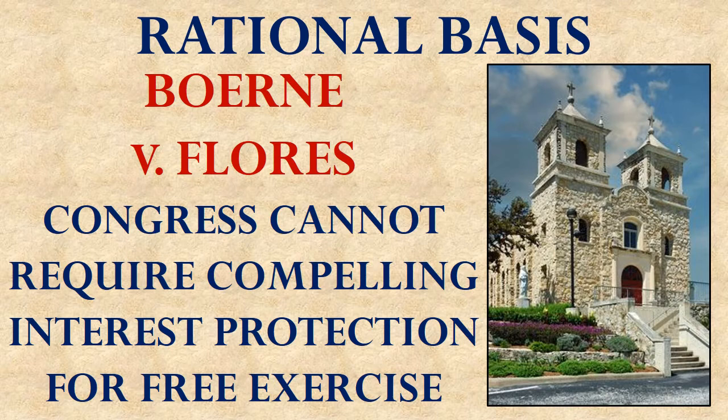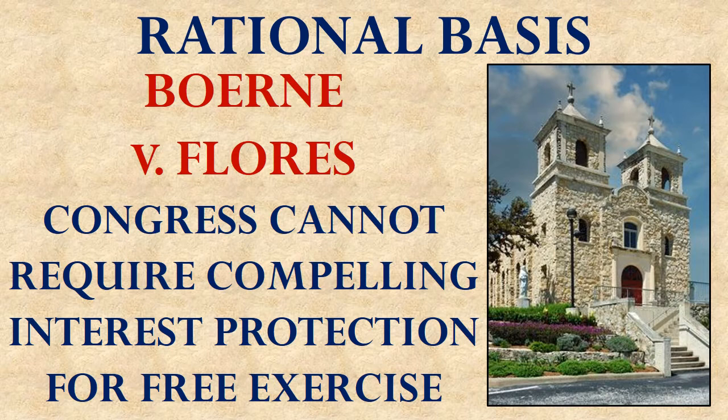Now, specifically what this case involved was there was a church there in the city of Bernie whose congregation had grown enough that the church had become too small. And so they decided that they needed to expand their church. The problem was the city of Bernie had designated their church as a historical landmark, and they denied them the building permit. So the church sued and said, hey, we should be able to expand our building if we want to. That's religious freedom.